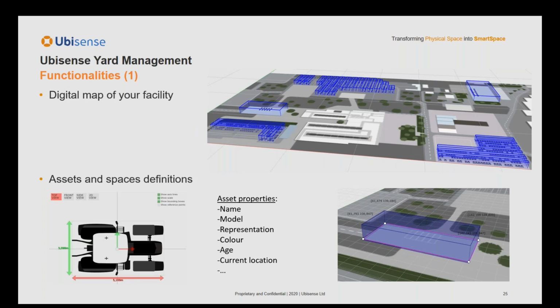We can go down to the parking bay level, or even smaller for other use cases. And this is the basis of what I explained a little bit earlier about the spatial intelligence and transforming coordinates into events. Whenever we locate a product into those zones, we can fire an event.